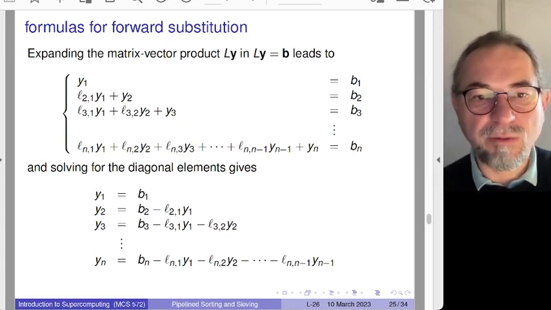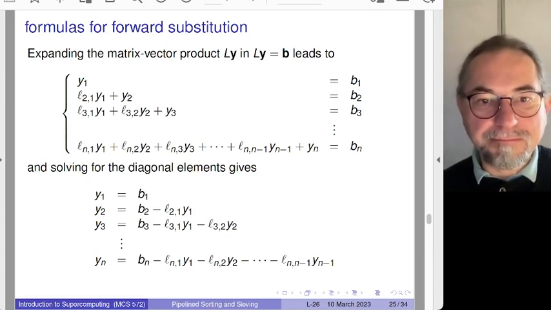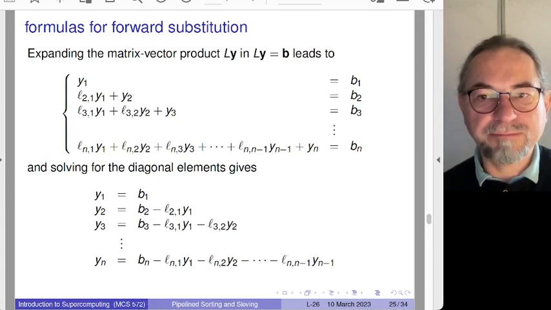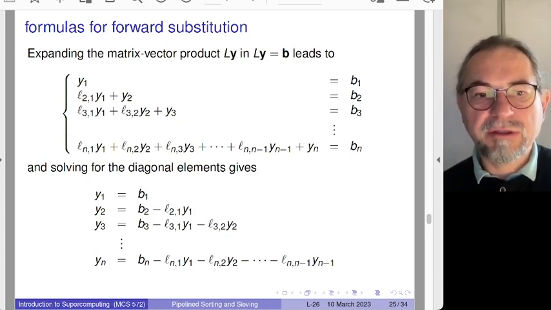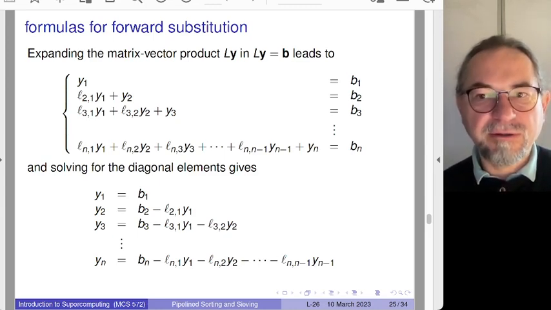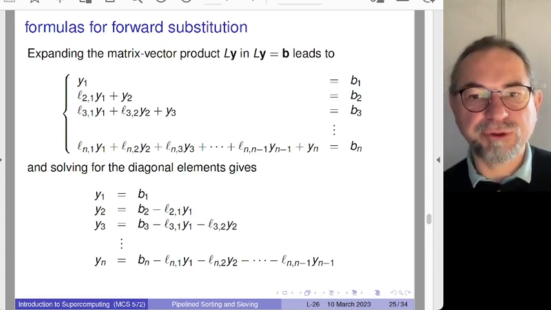We take the y1 and we use the value for y1 to update the b2. That will give us the y2. And the y1 and the y2 are used to compute the value of y3. So this is the forward substitution.